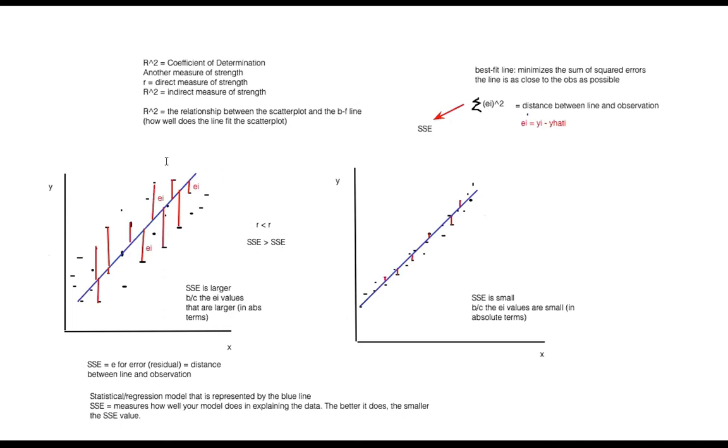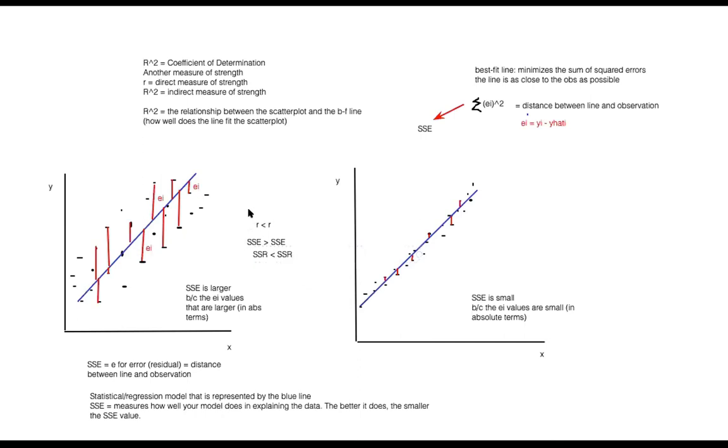And that means that if the error portion of the model is larger, then the regression model portion is going to be smaller compared to the right-hand side. The SSR, because the error is smaller here, will be larger.